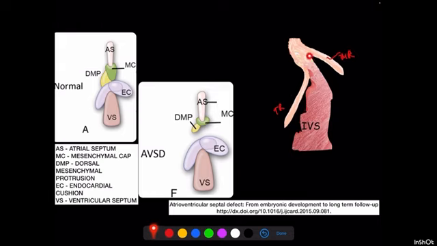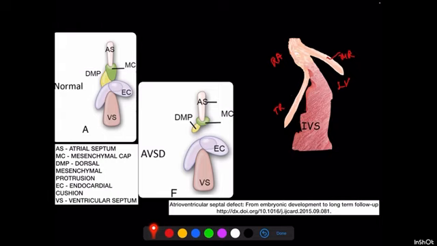This portion is that part of the septum which connects the right atrium directly to the left ventricle. So it is very important for us to remember that there is offsetting of valves. This is called offsetting of the mitral and tricuspid valve.